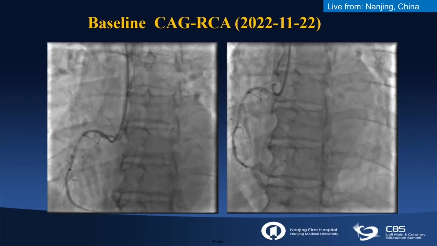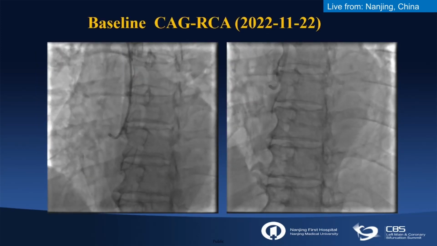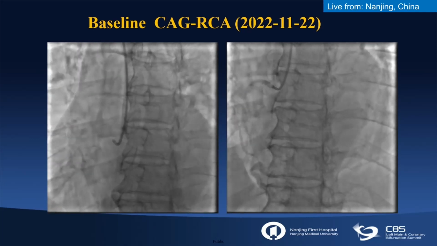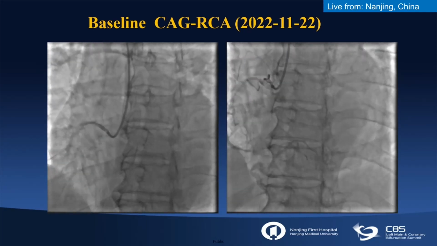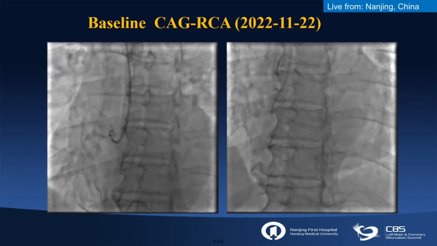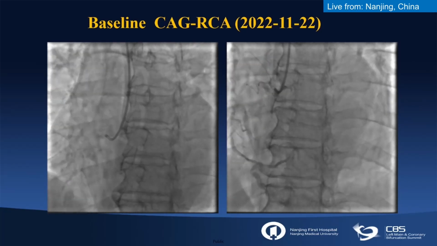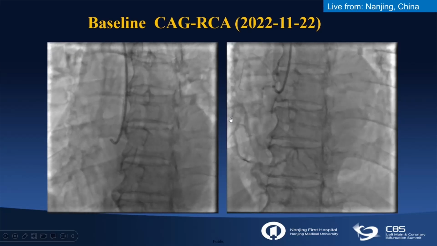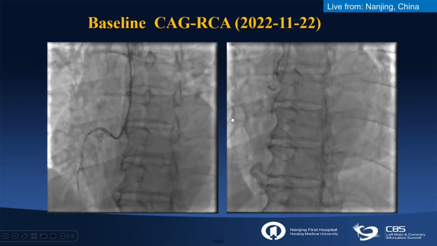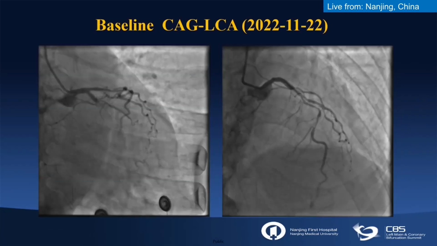Next. The patient had a CAG half a year ago. We see the LAO cranial position shows the proximal and middle segment of RCA has a serious stenotic lesion, accompanied with a serious calcified lesion. Next.